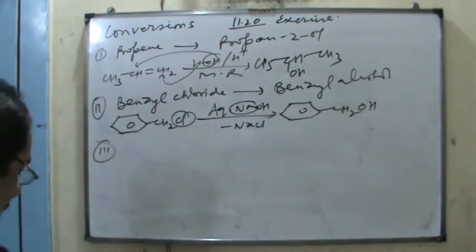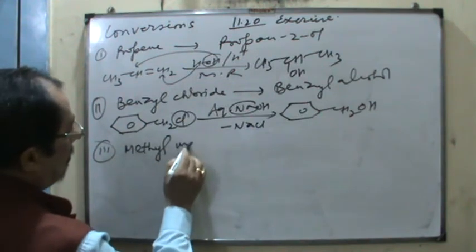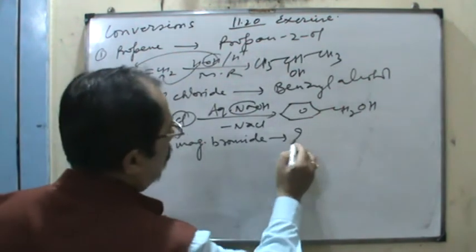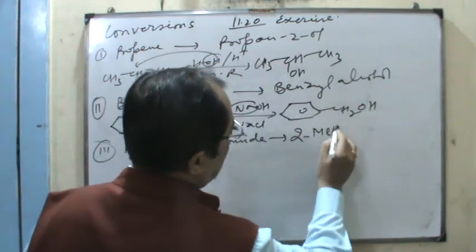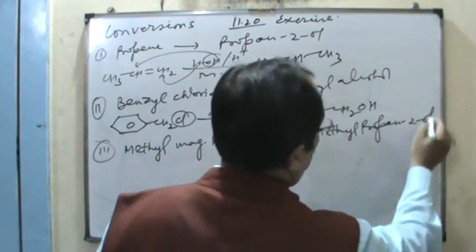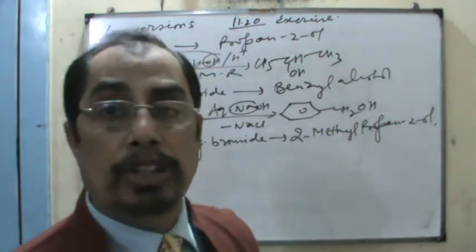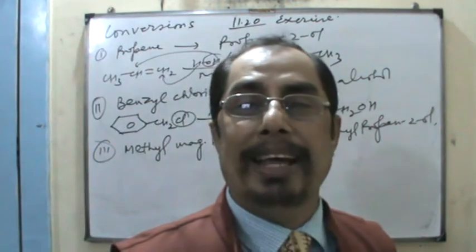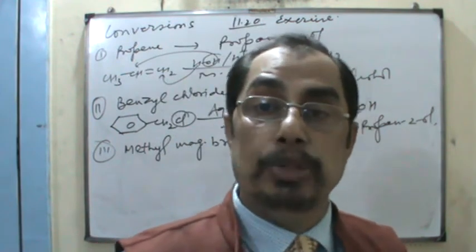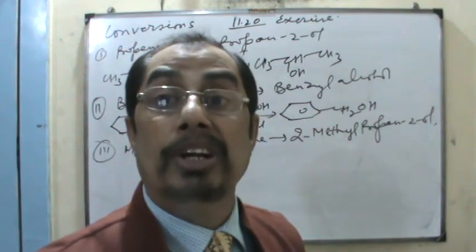Now next is methyl magnesium bromide to 2-methylpropan-2-ol. So dear students, during the discussion of the methods of preparation of alcohols, I showed one method, the Grignard reagent, by Victor Grignard. With the help of that reagent we have prepared all three types of alcohol, primary, secondary as well as tertiary.